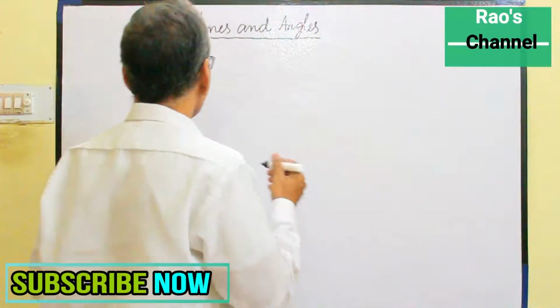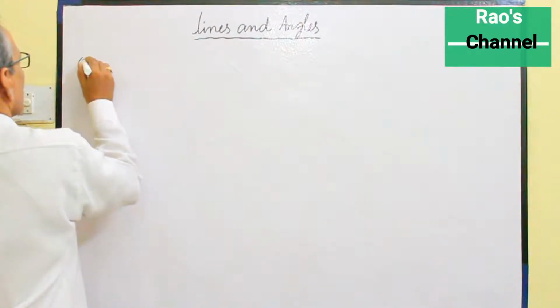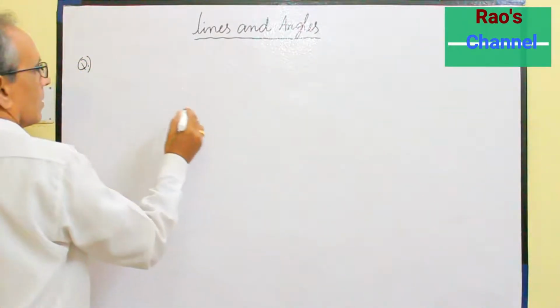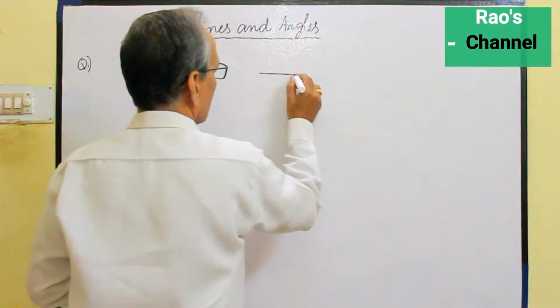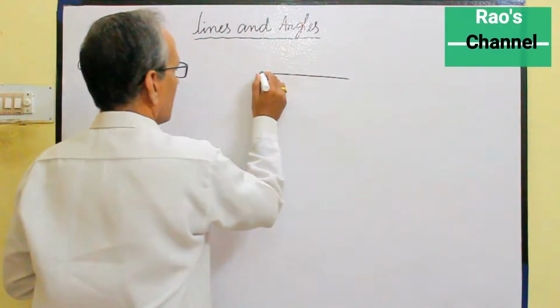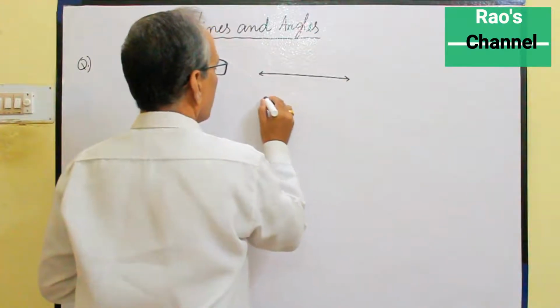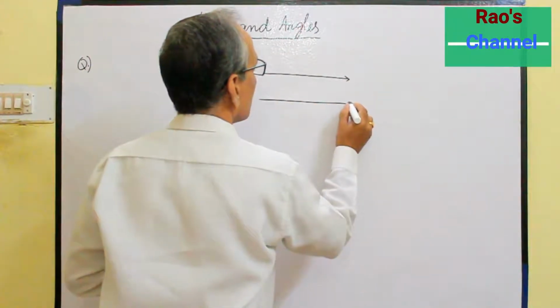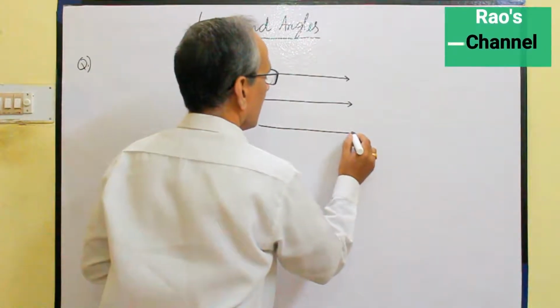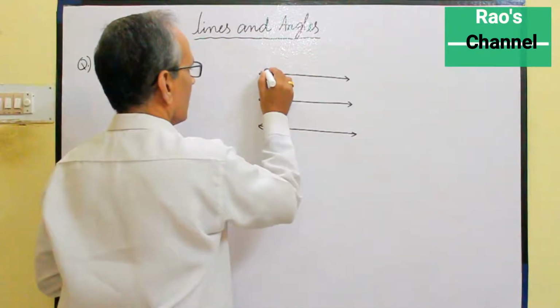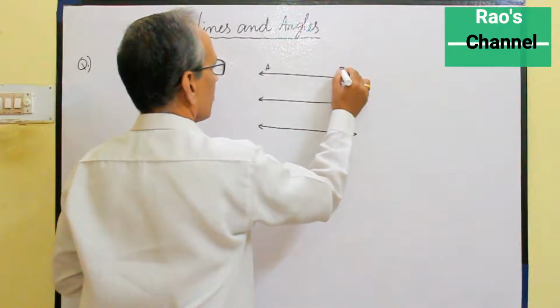See here the question, question number 1. I give a figure. AB, CD, EF are parallel to each other.